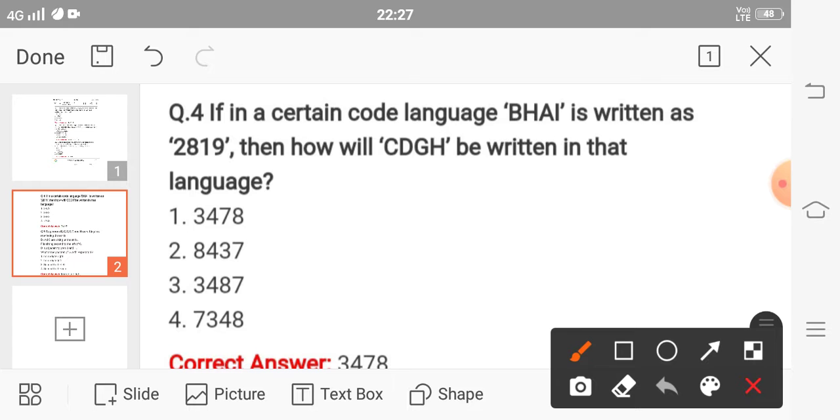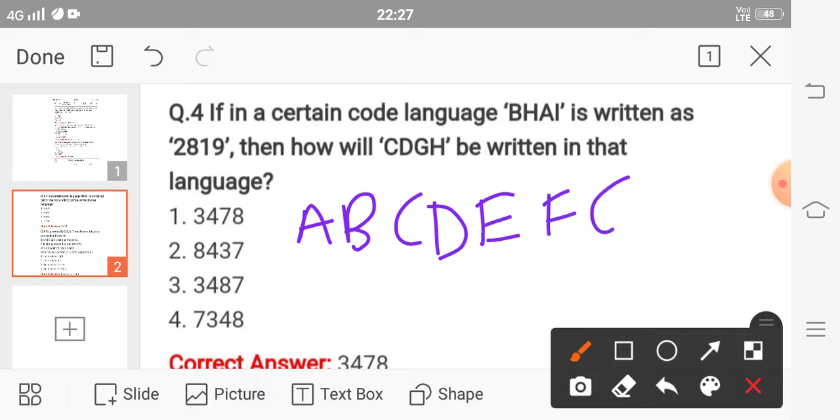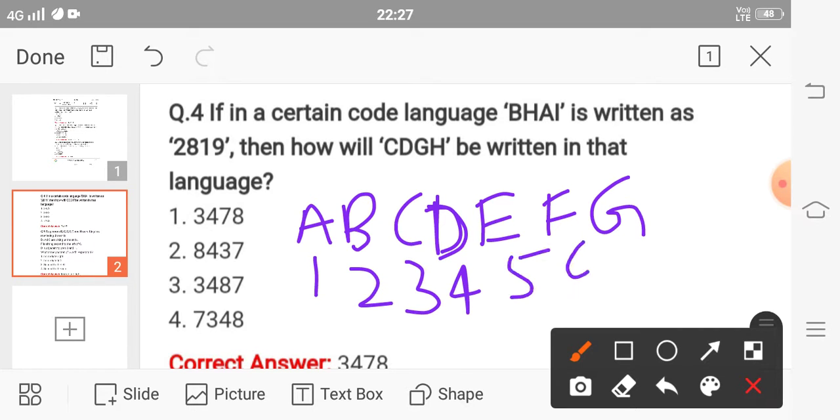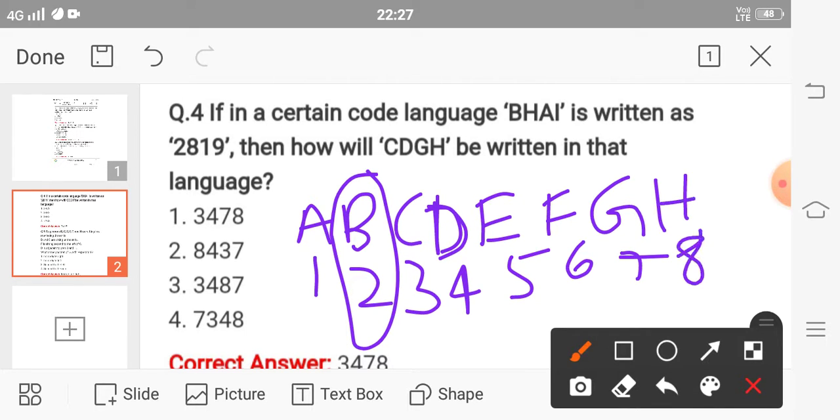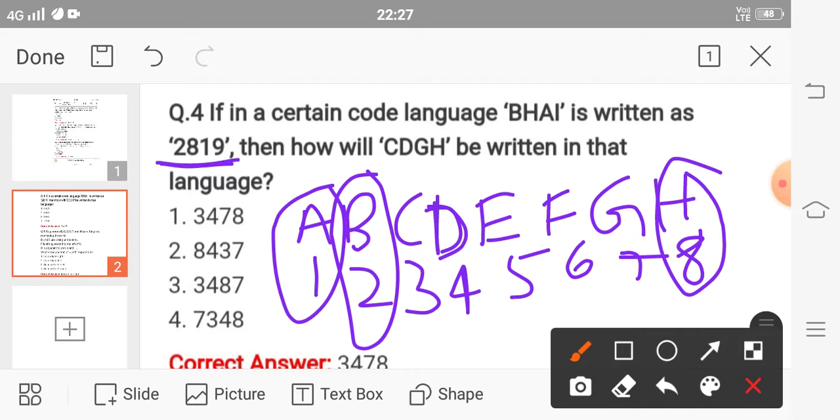When we arrange ABCDs in numerical order, C D E F G, and give numbers to these alphabets 3, 4, 5, 6, 7, we observe B is in second place, H is in 8th place, A is in first place. So these numbers are given according to this order.